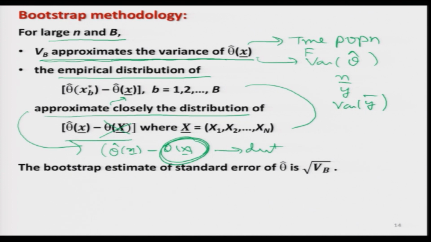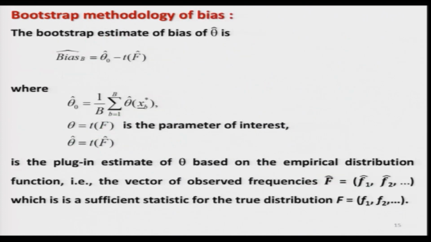And in case you want to find the bootstrap estimate of the standard error of theta hat, you simply have to take the positive square root of the variance that you have obtained, that is the square root of VB. So, you can see this is very simple and straightforward to obtain any distribution, any standard error, and similarly this concept can be extended to any parameter. This I will try to show you with some example.